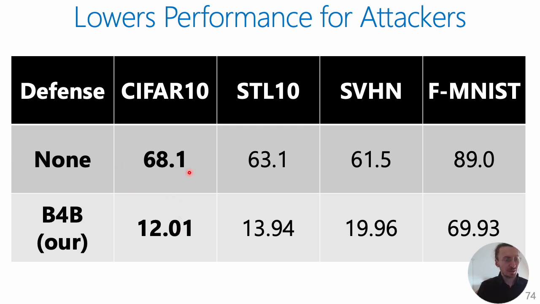If the encoder is not protected, the adversary has obtained a much higher quality encoder, in this case 68.1% on CIFAR10, and with our defense in place, the performance of the stolen encoder is much lower. So this clearly shows that our defense, B4B, can actively prevent the attack and makes it impossible for the attacker to steal a high quality encoder.